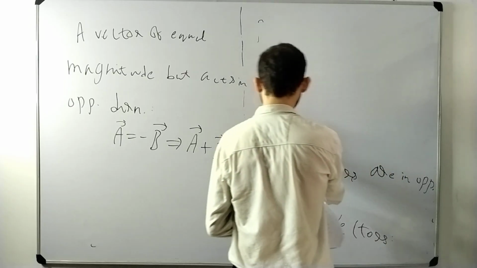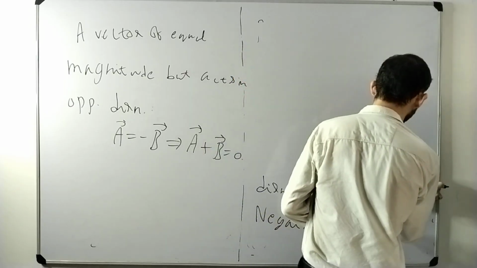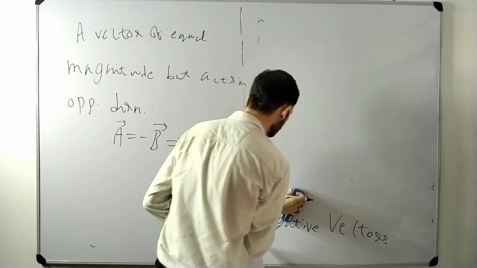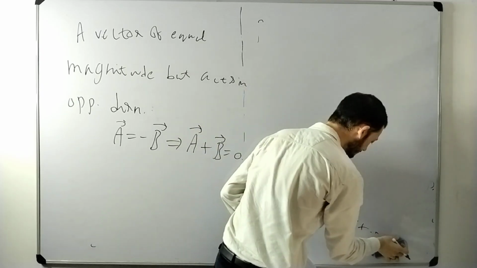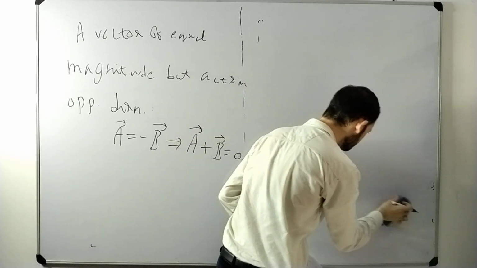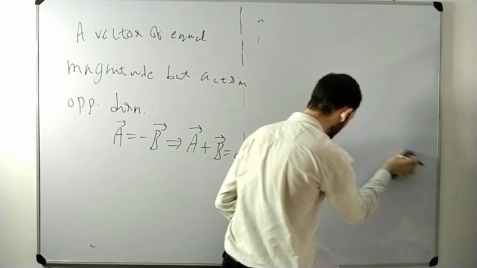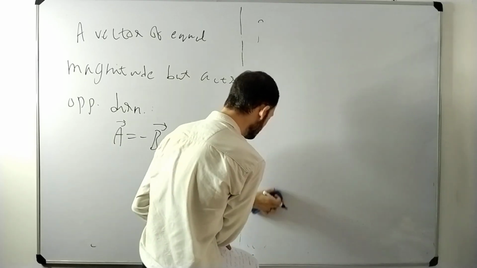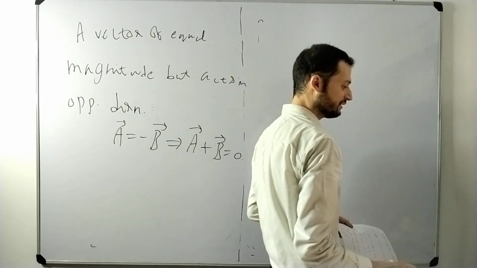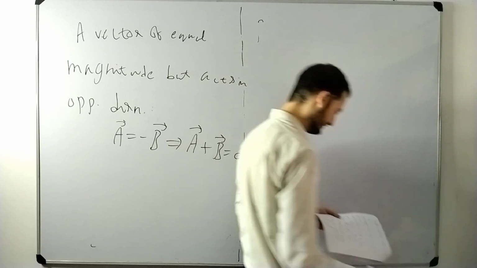Concurrent vectors. The word is very difficult, but it is not so difficult to understand. You would say, sir, there is nothing difficult once understood.